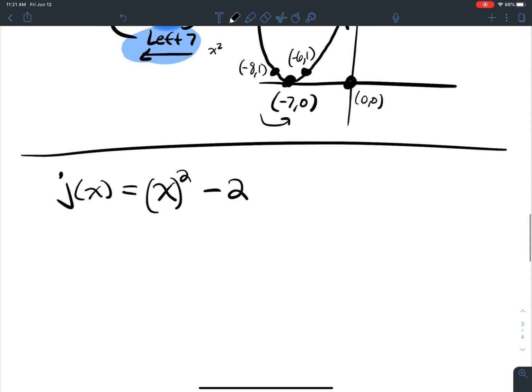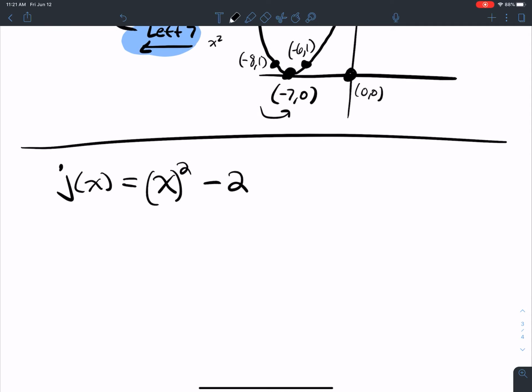Okay, well, if you're having trouble, you can plot some points. So x, and let's just do negative 2, negative 1, 0, 1, 2. And then I have x squared minus 2. So if I square it, negative 2 squared minus 2, so that's 4 minus 2 is 2.